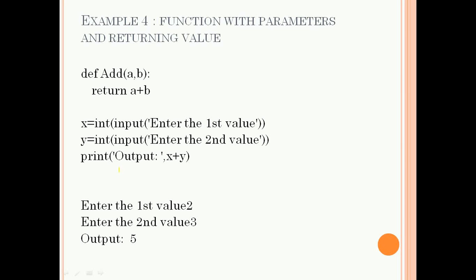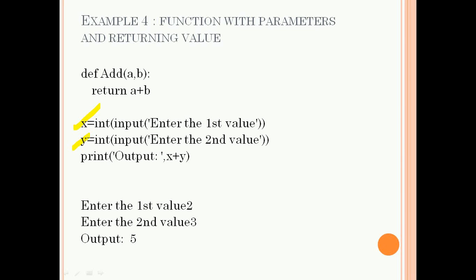As this function is receiving input from the main program where we are calling the function, we need these two statements. We need these two statements to receive input from the user, and then we have to call the function. And as this function is returning a value, it will return the value where the function is called.